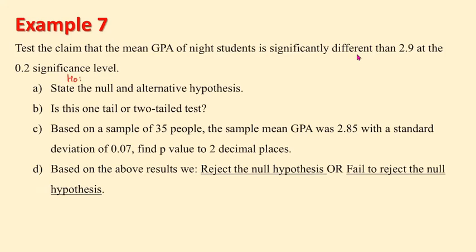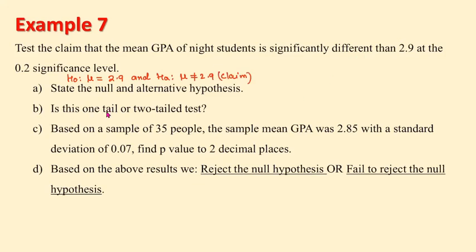So your null hypothesis will be the mean GPA, mean means mu, is equal to 2.9, and the alternative hypothesis, H of A, is mean is not equal to 2.9. Mean is different from 2.9. And in this case, mean is different from 2.9 is the claim.